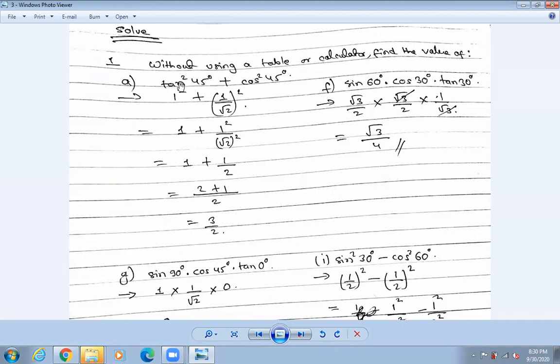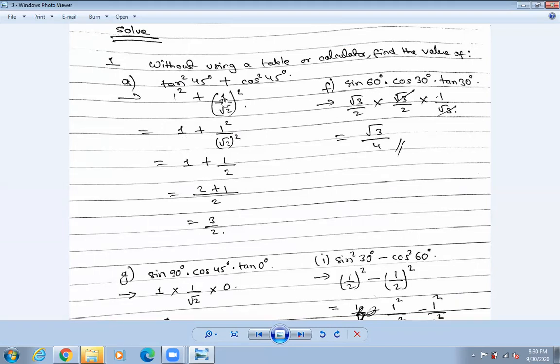So tan 45, what is its value? Tan 45 means 1. Just remember tan 45 only, not the square. So tan 45 means 1, and there is a square, so we write the square, plus cos 45 is 1 by root 2, and there is a square, so let us write the square. 1 square means 1 plus, so let us give the square to both numbers. 1 square, root 2 square. 1 square means 1.